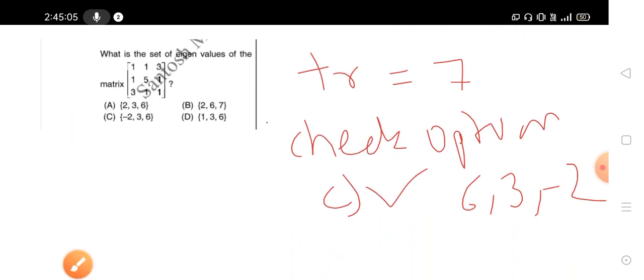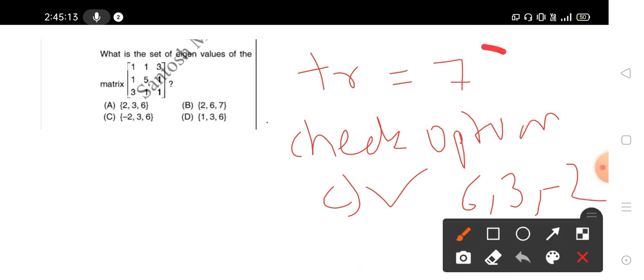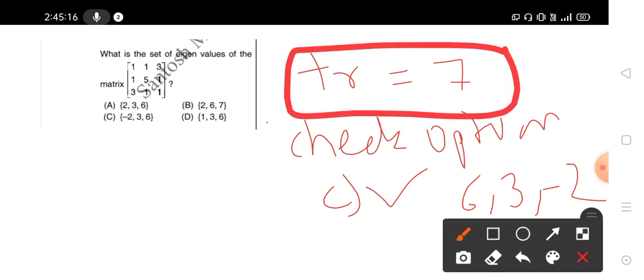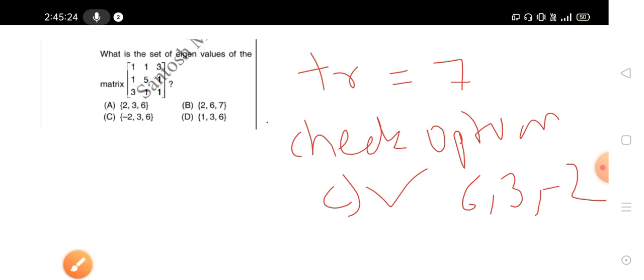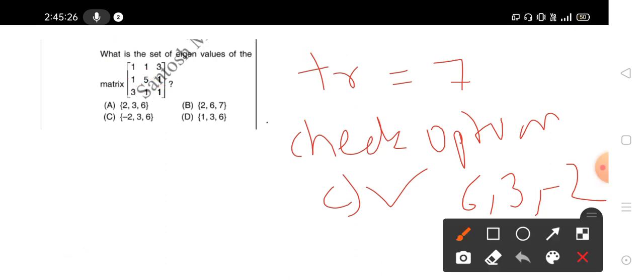Next question. What is the set of eigenvalues of the matrix? Sum of eigenvalues is equal to trace, that is here in this matrix 1 plus 5 plus 1, 7 is the trace. Now check for each option what is the trace.